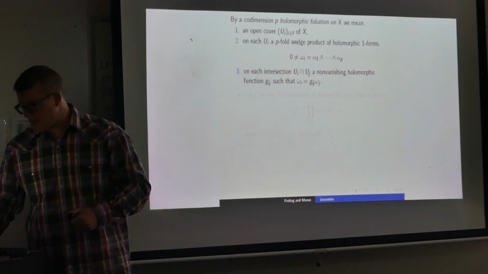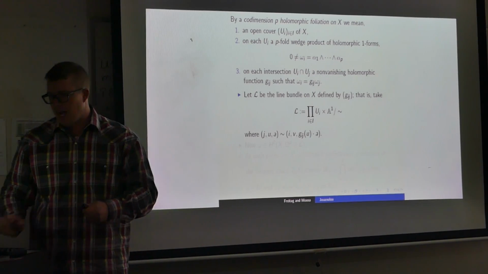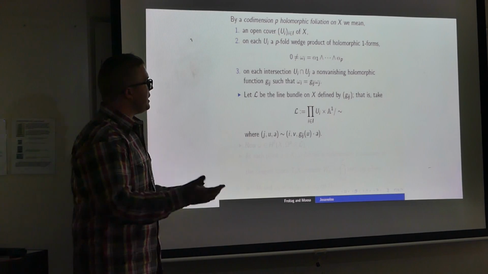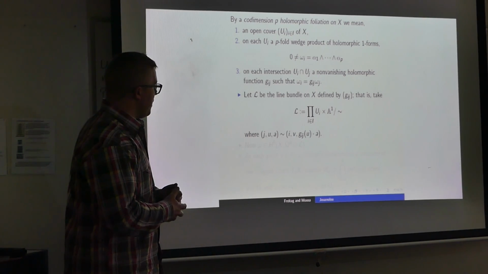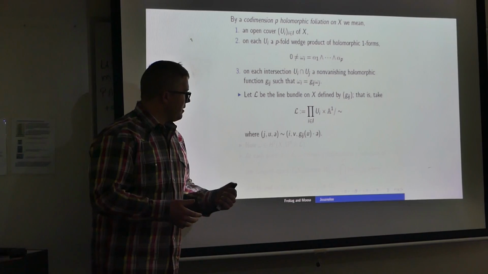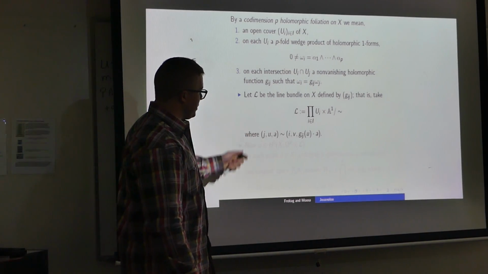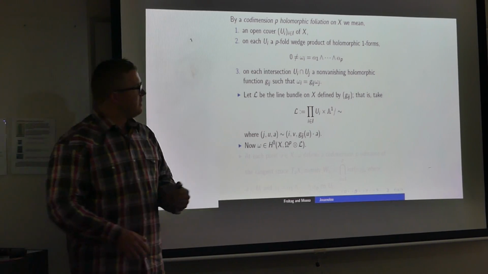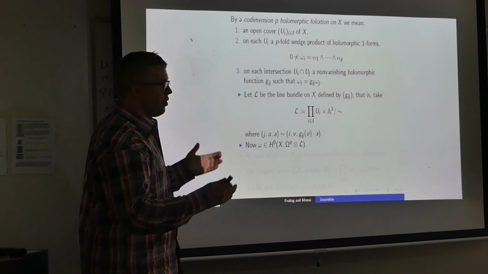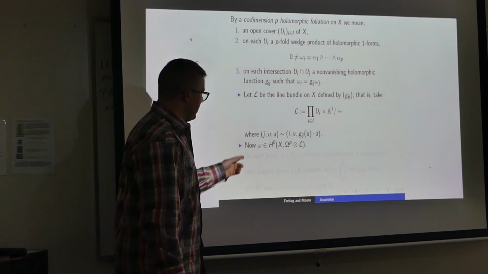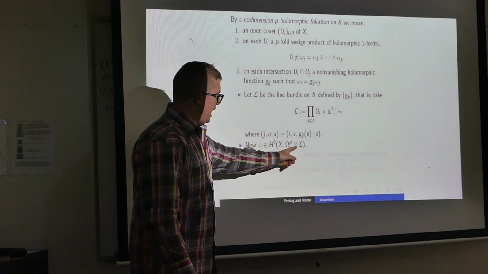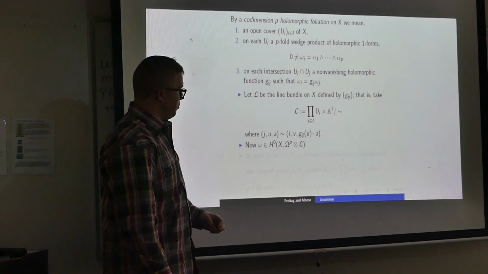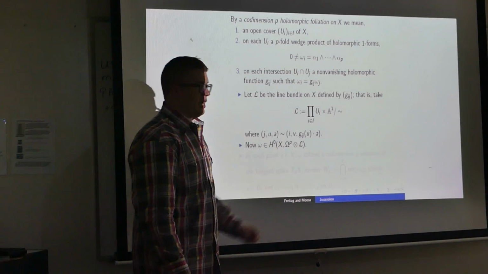And if you want to think about the actual objects, this codimension P holomorphic foliation, because the transition functions define a line bundle, you can think of this omega, that's our codimension P holomorphic foliation, as being a global section of the p-fold wedge product of those one forms tensored with this line bundle.